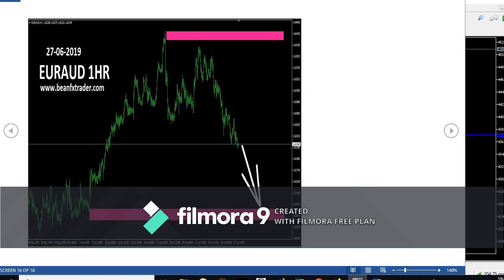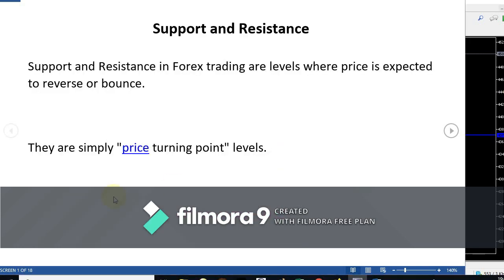So that is all about support and resistance in forex trading. Support and resistance does not only occur in forex trading, it occurs in volatility index trading. Let's look at the chart here.